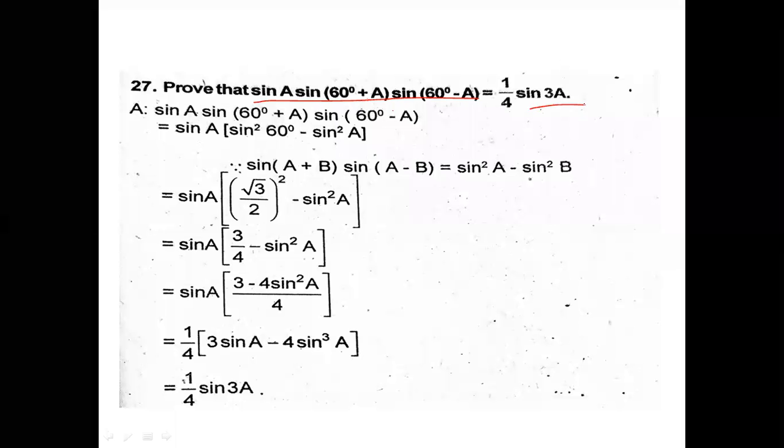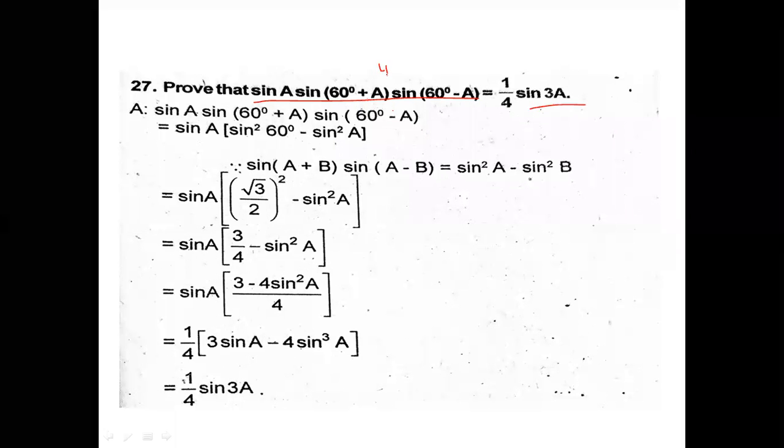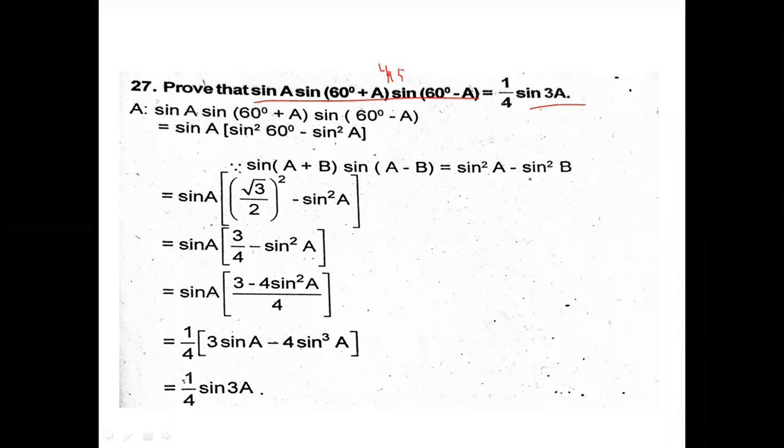Next: sin a into sin (60 plus a) into sin (60 minus a) is equal to 1 by 4 sin 3a. So we are taking the left hand side. Now sin (60 plus a) into sin (60 minus a) is in the form of sin (A plus B) into sin (A minus B).